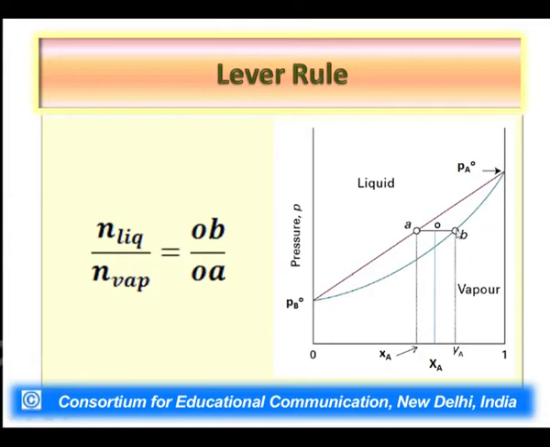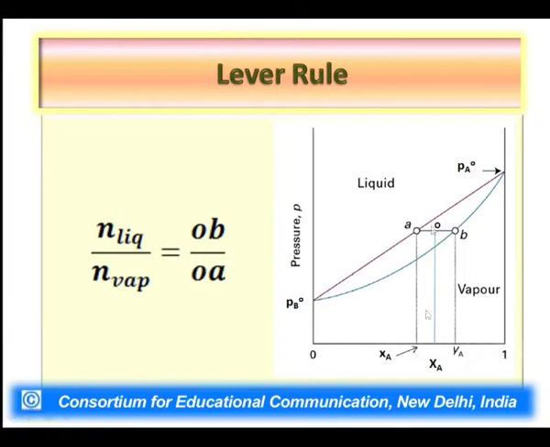Point B represents the value on the x-axis, that is YA, and point O represents capital XA. So the difference between the amount fraction of component A in the vapor phase and the overall composition of the system, that is YA minus capital XA, is the length of line segment OB.